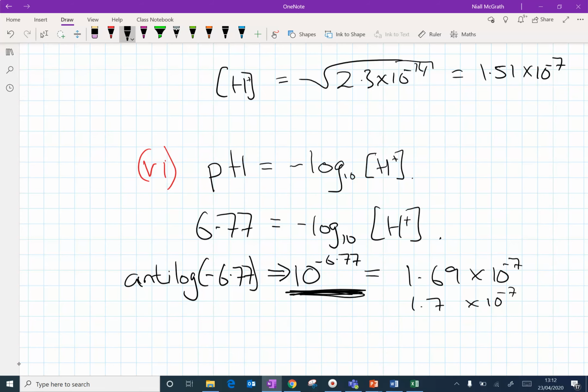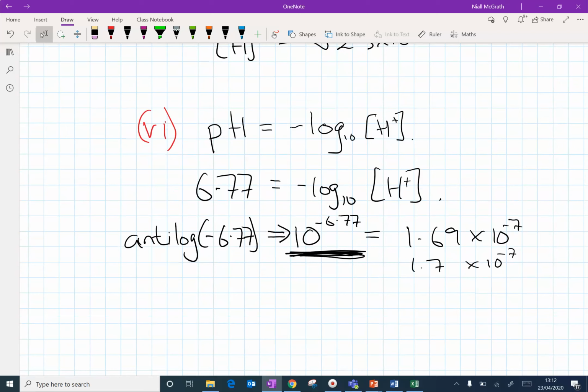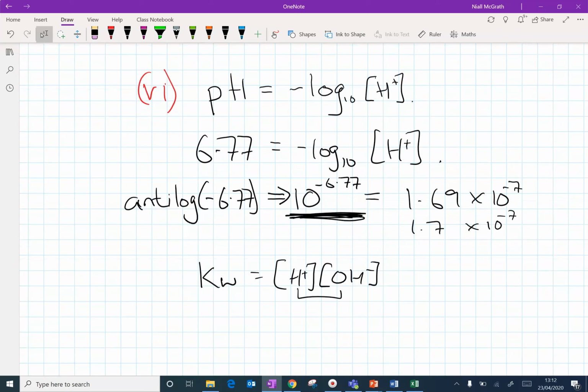Alright, Kw then is what we're asked. Well, we're asked to find the temperature, but on our graph we have Kw and temperature. So here we're able to find Kw and then we'll be able to find our temperature. Kw again is H plus times H plus, so both the concentrations are the same.